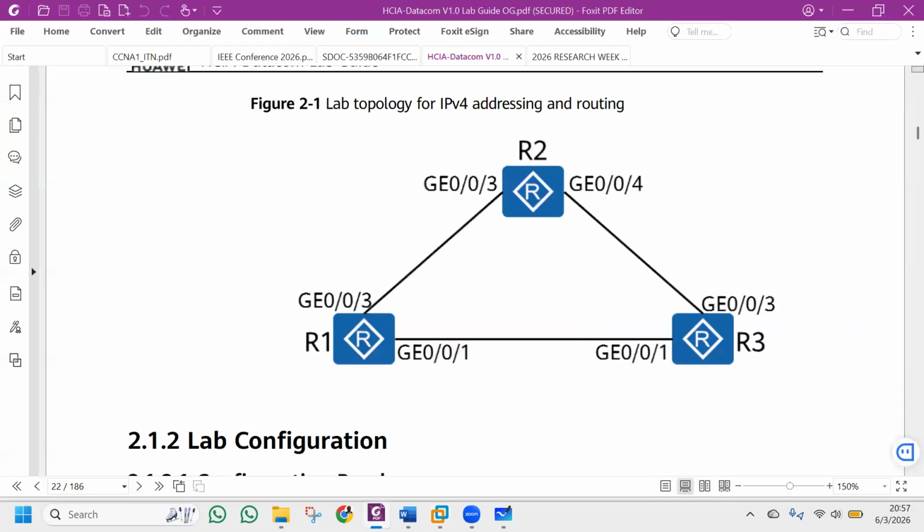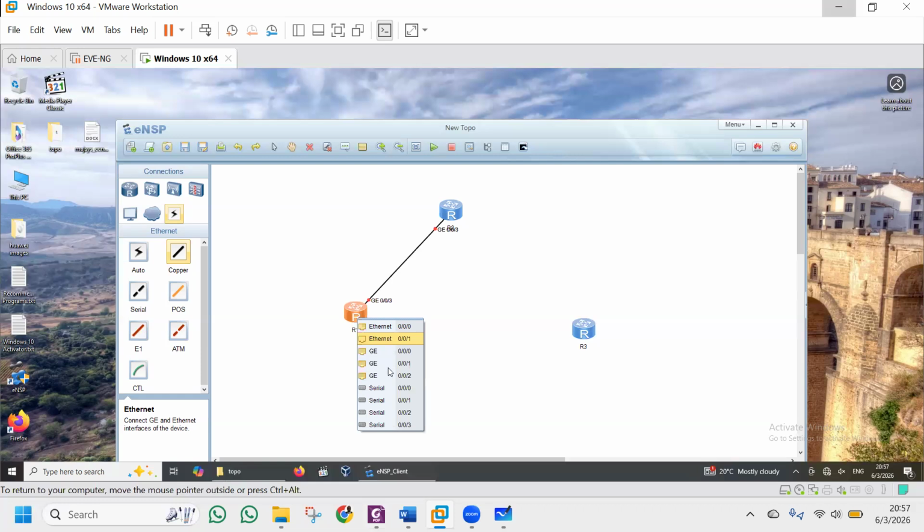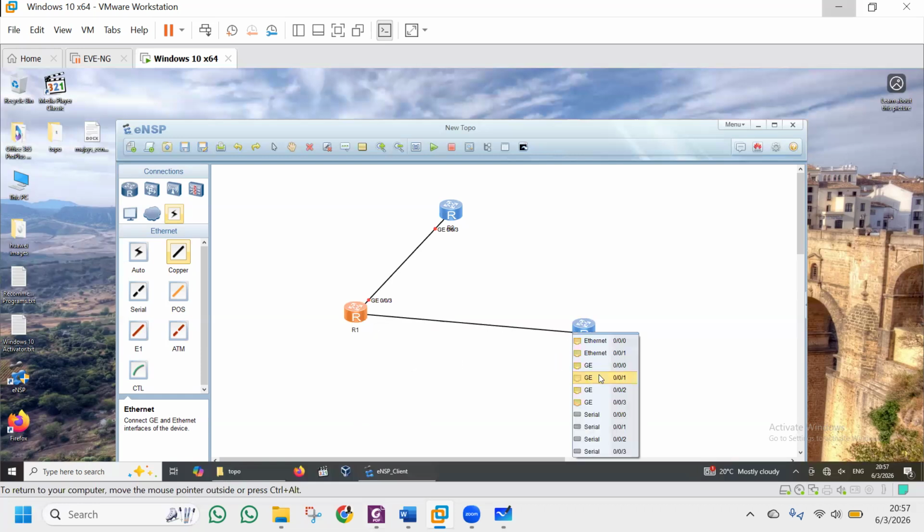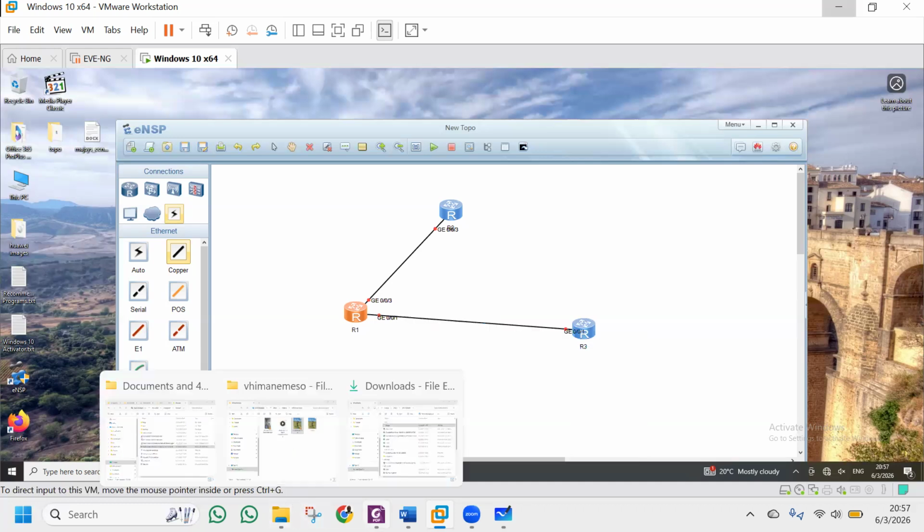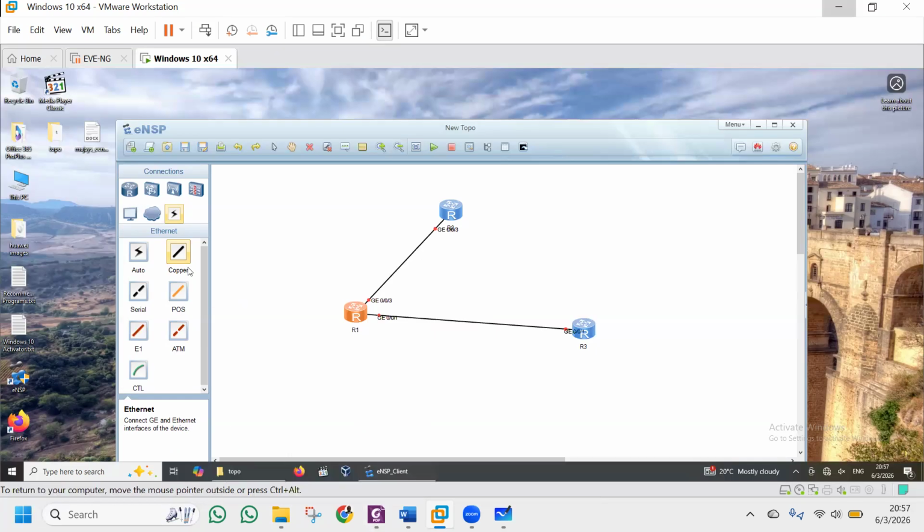Then we have one here. So here we have GigabitEthernet 1, GigabitEthernet 1 as well. Then the last one is 4, I think. I don't think we have 4 here, so I'm going to use 2.